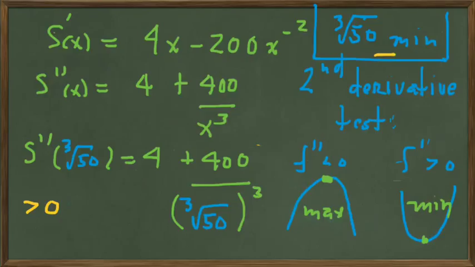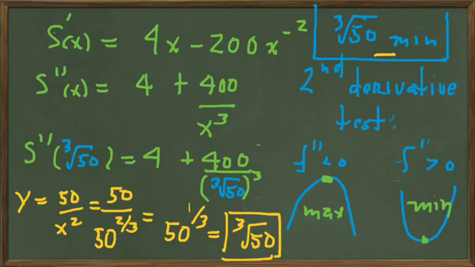Now we're almost finished with the problem except for a recap, but we were supposed to find the dimensions that gave the minimum surface area, so we need to find the corresponding y value. We use the fact that y equals 50 over x squared to find y, and so let's do that. So we plug the cube root of 50 in for x.